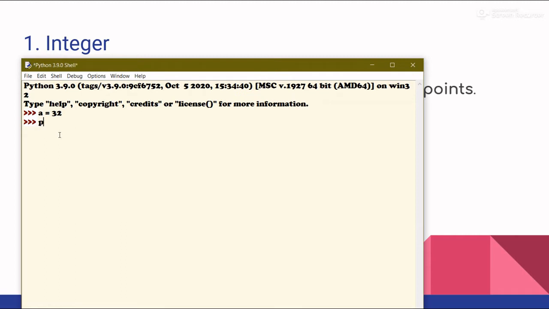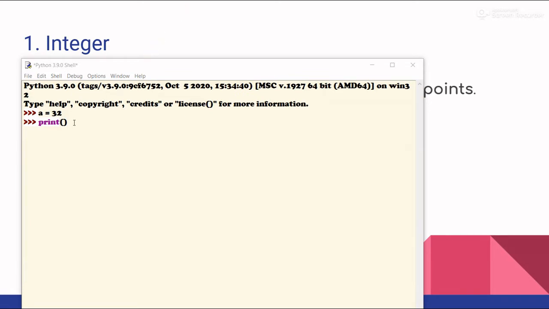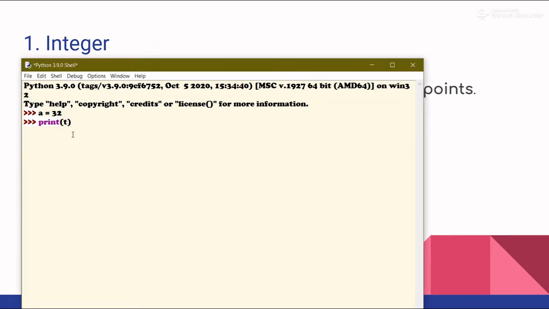So if we say print type a, it should print the type of a, as you probably already know. Yep, we got class int, and int stands for integer.